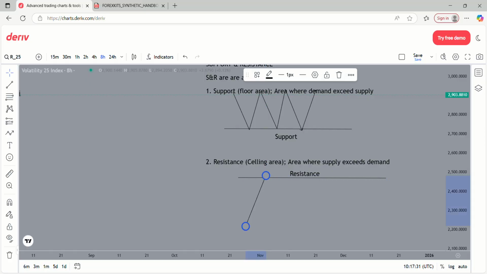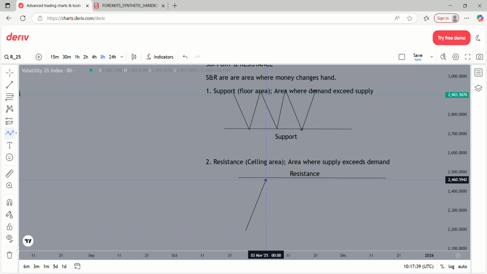Let me pick my pen again. You can see the market is unable to break through this area, and as the market touches this point, it is bouncing back, it is resisting.